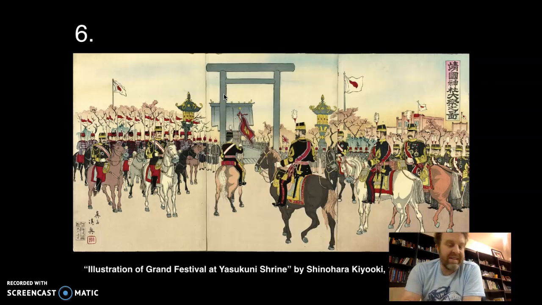We don't see any evidence in any of these images of Christianity, and that's because with respect to religion, Japan maintains some of their more traditional religious characteristics, including both Buddhism and Shintoism. So this is an image that also is reflective of Japanese militarism and Japanese nationalism with the flag.